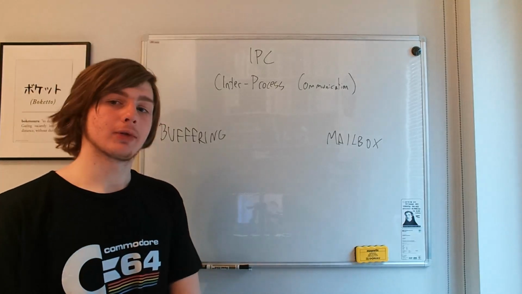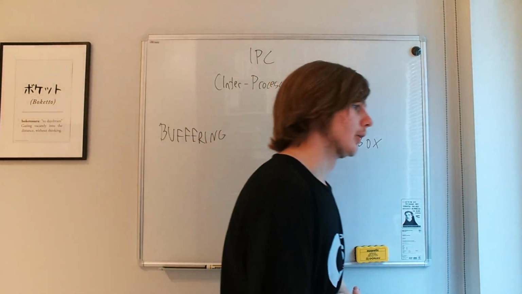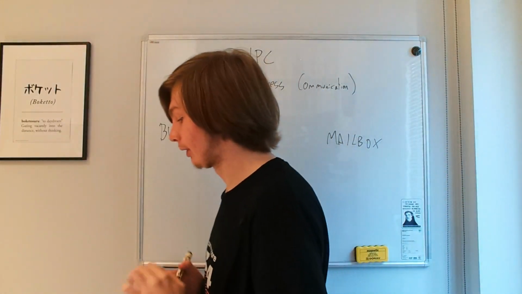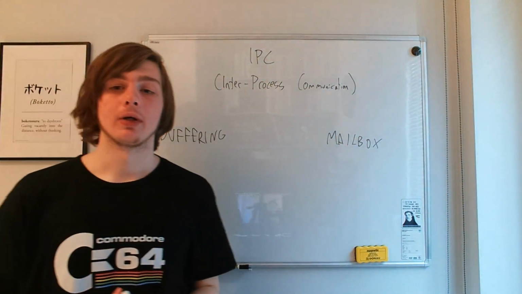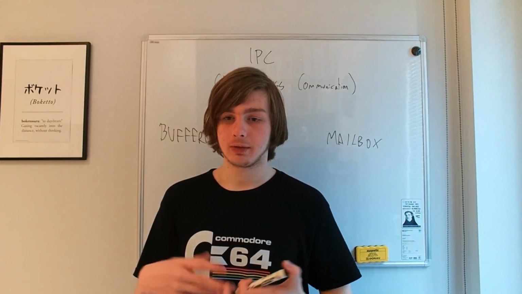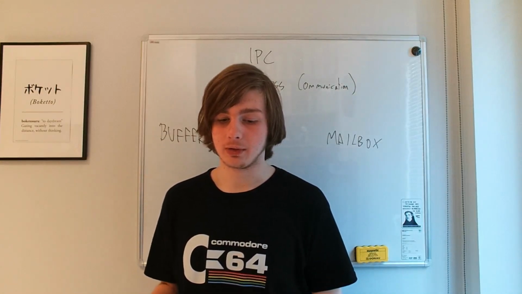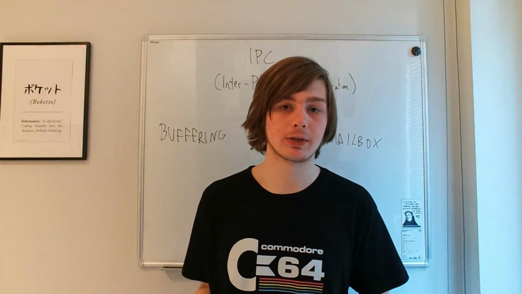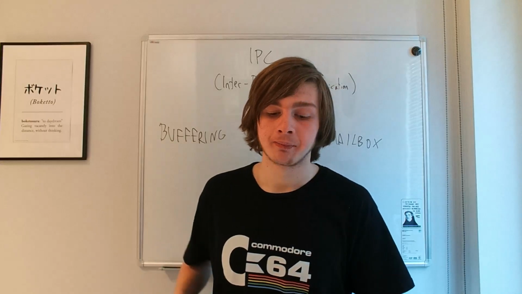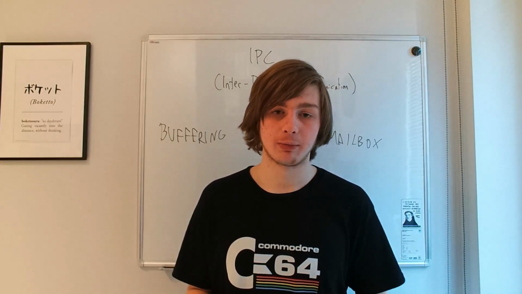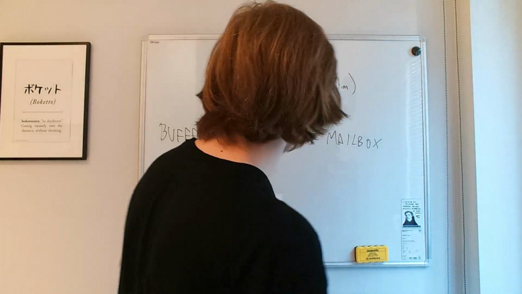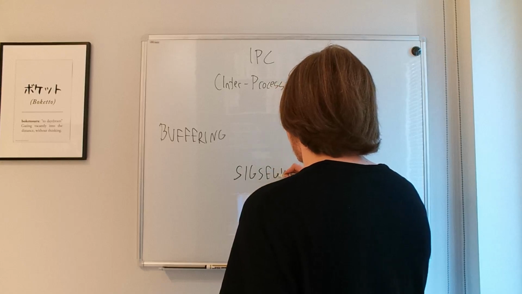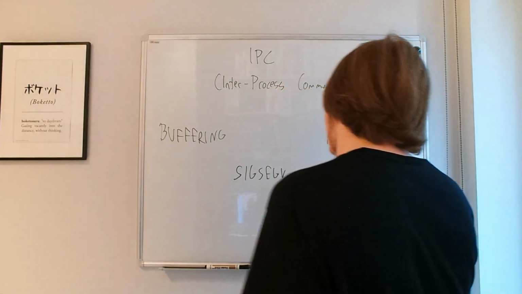So that's inter-process communication. There are many common signals that are used in IPC, and in common Unix there are around 32 common Unix IPC signals, with probably something famous being, for example, SIGSEGV. That's a signal of a segmentation violation.